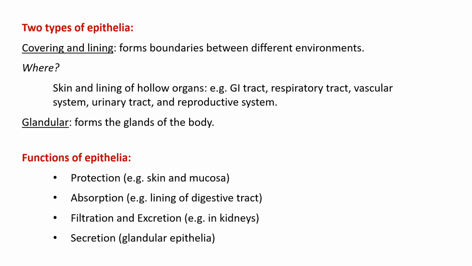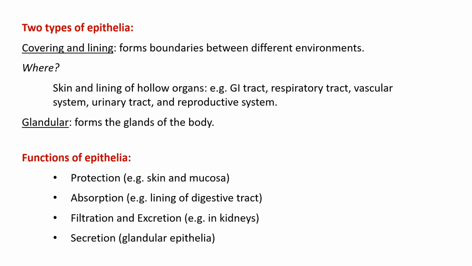Overall, the functions of epithelia vary according to location, but if we stick them all under the umbrella of epithelial tissue, we've got protection. So, for example, the skin and the mucosa. We've got absorption. So, enterocytes lining the digestive tract.